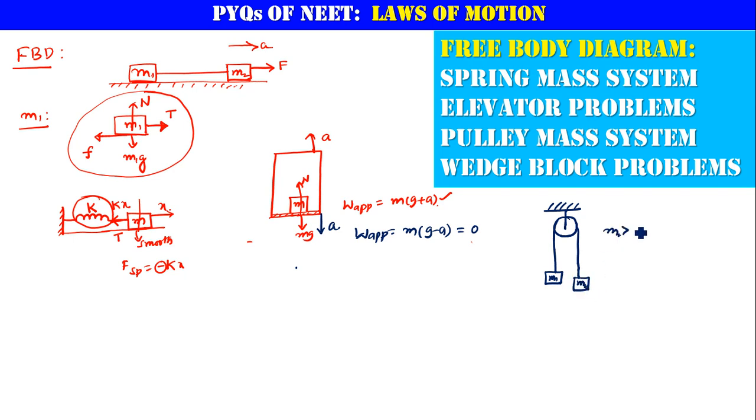Because of this m2, m2g will be acting downwards, and m1g will be acting downwards like this. Since m2 is more than m1, this mass will accelerate downwards, and this mass tries to move upwards with an acceleration exactly like a.